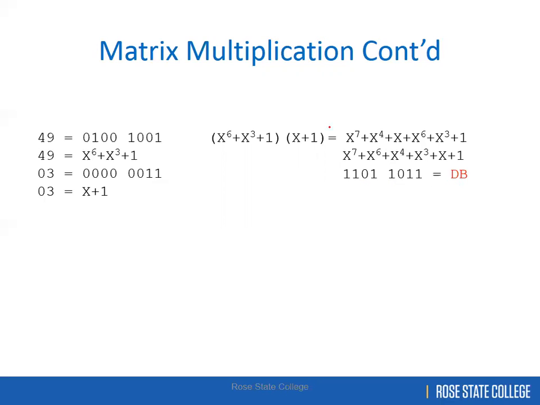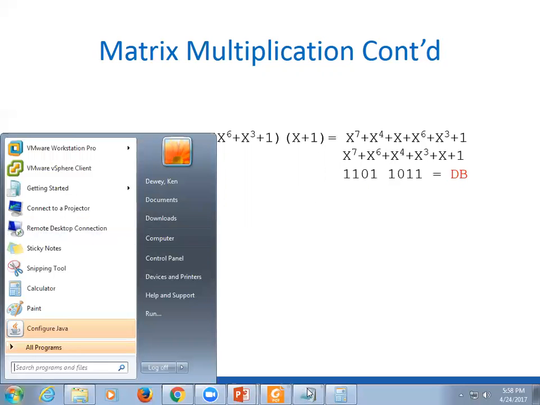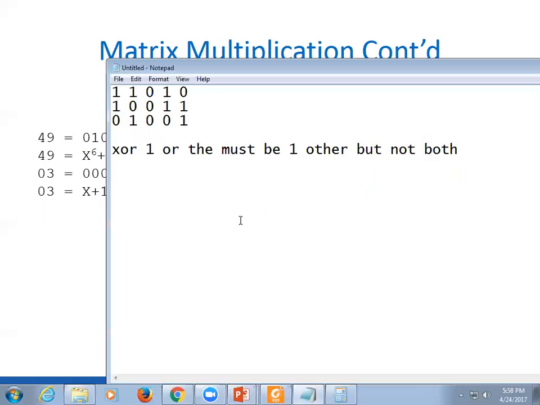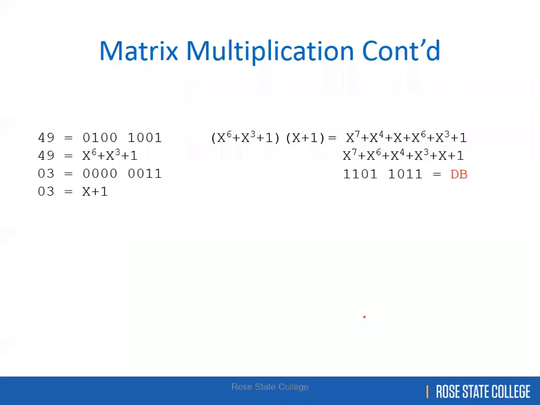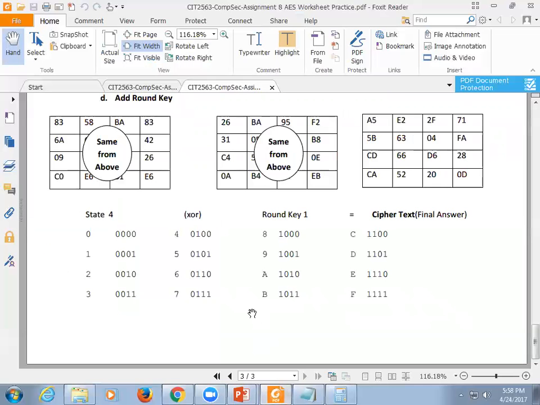Let's do an exercise. Okay. Let me show you DB. So 1101, 1011. Look at this sheet right here. I'm saying, I don't understand how you did the multiplication.